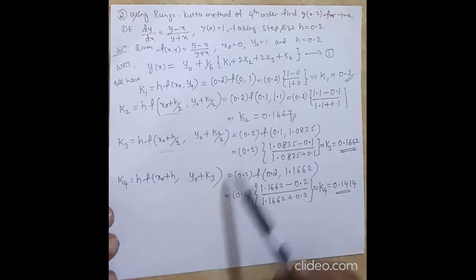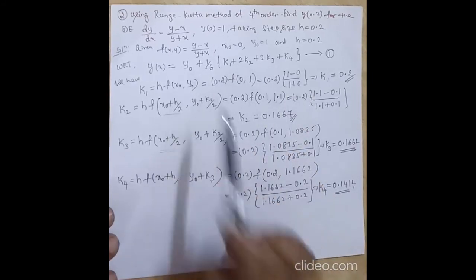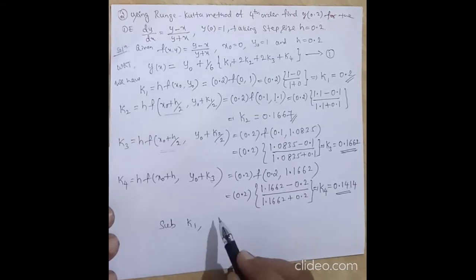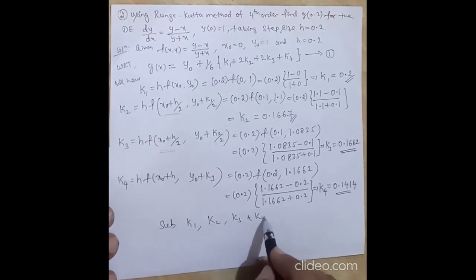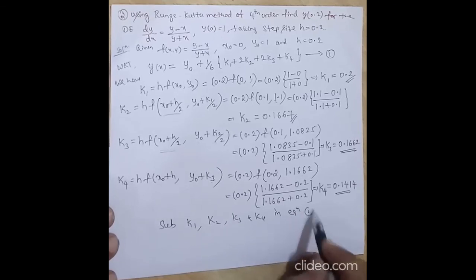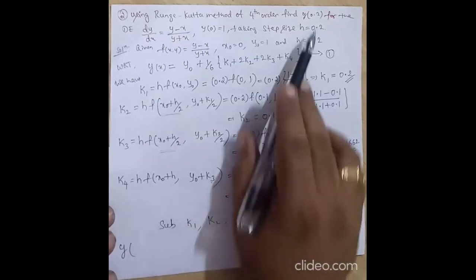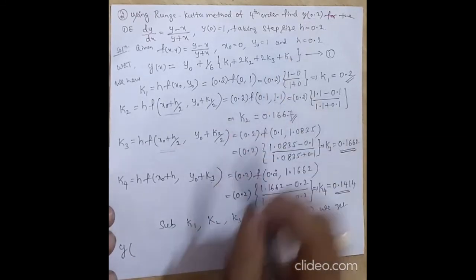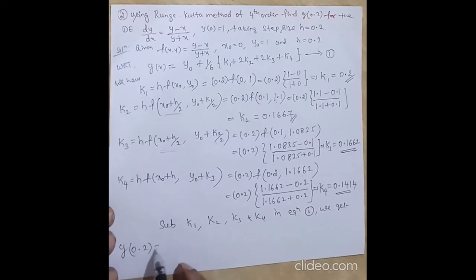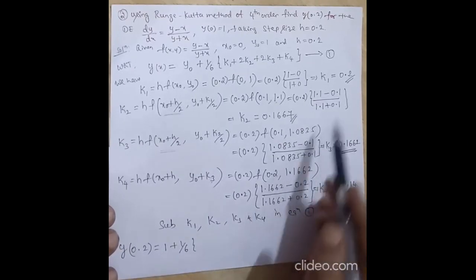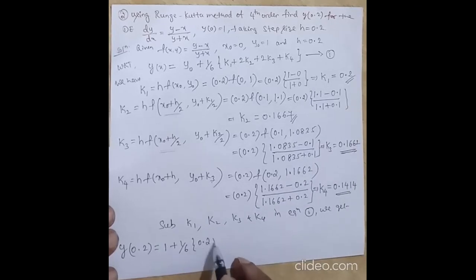So let us substitute all these things in equation 1 along with y naught. Substituting k1, k2, k3 and k4 in equation 1, we get y of x. X means 0.2, the point where I want to find final solution. Y of 0.2 equals y naught. What is y naught? It is 1 plus 1 by 6 into k1. What is k1? 0.2 plus 2 into k2.